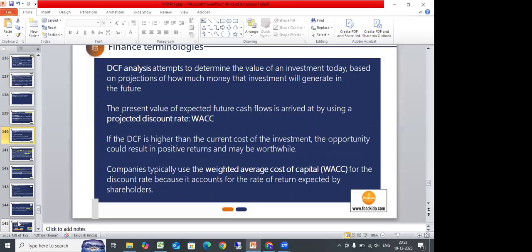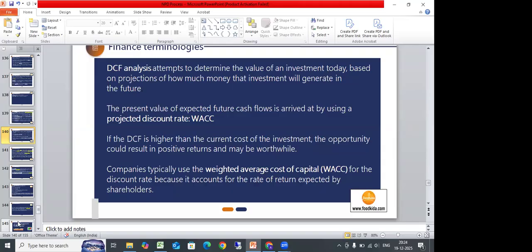Okay, we are talking of DCF. What is DCF? Discounted cash flow analysis attempts to determine the value of an investment today based on projections of how much money that investment will generate in the future. The present value of expected future cash flows is arrived at using a projected discount rate, which is WACC. If DCF is higher than the current cost of investment, the opportunity could result in a positive outcome and may be worthwhile.